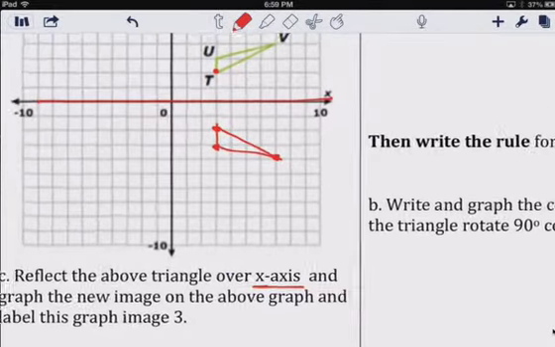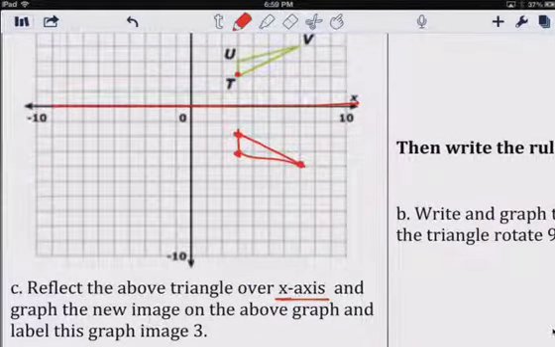Alright, let's see. U is 3, 3. V is 7, 4. T, should have started with T first, is 3, 2.